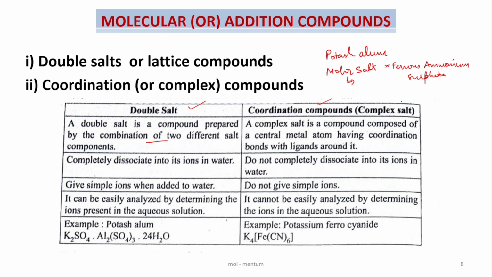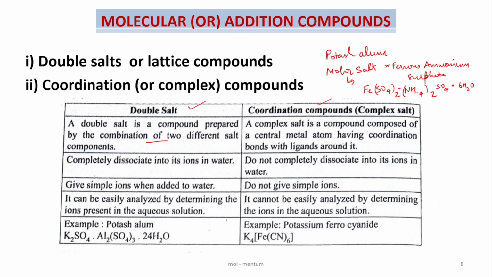So we can write the formula of Mohr salt: FeSO4 dot (NH4)2SO4 dot 6H2O. So this is Mohr salt.